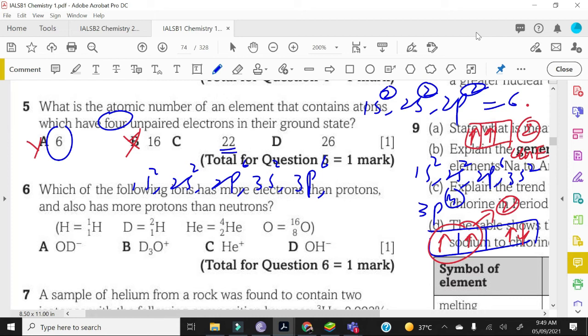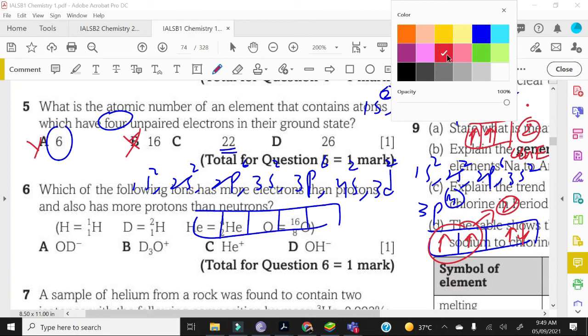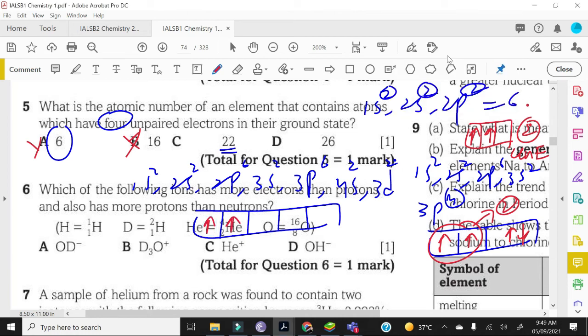Now after 3p, 4s and 3d, the electrons that are left with me are 4. So 2 electrons here and 2 electrons here. Now we'll expand 3d and see what is this condition here. Let us see the electrons in p. How many electrons do you see here? Only 2. So even C is not the option.